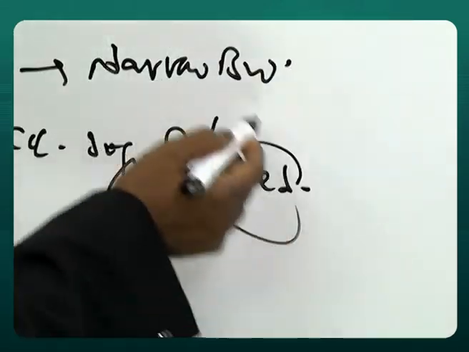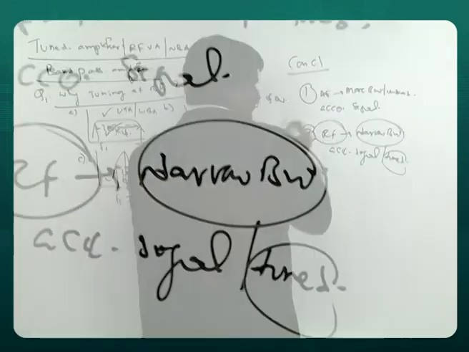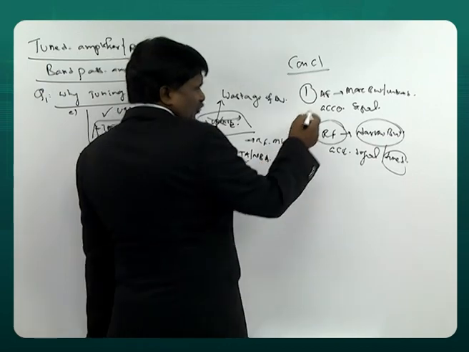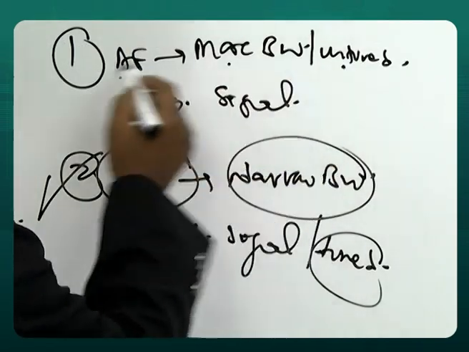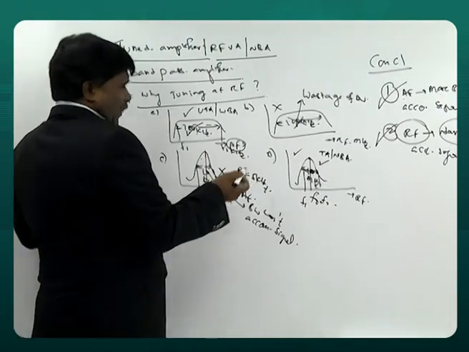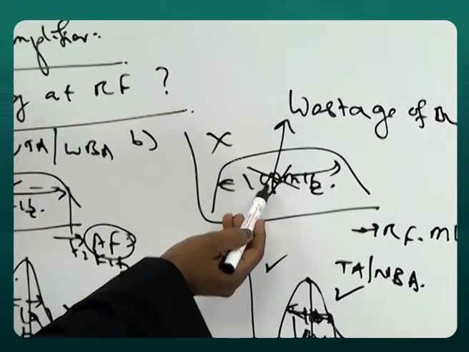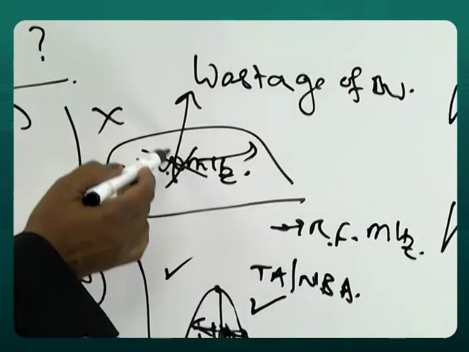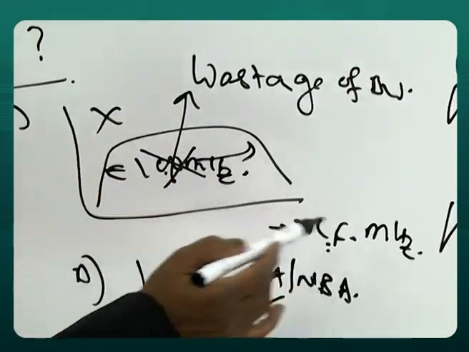So tuned amplifier, narrow band amplifier, radio frequency amplifier, all are the same. Whereas at audio frequency, more bandwidth, untuned is also accepted. So what is not accepted? More bandwidth is wastage. Wide bandwidth at radio is not accepted.